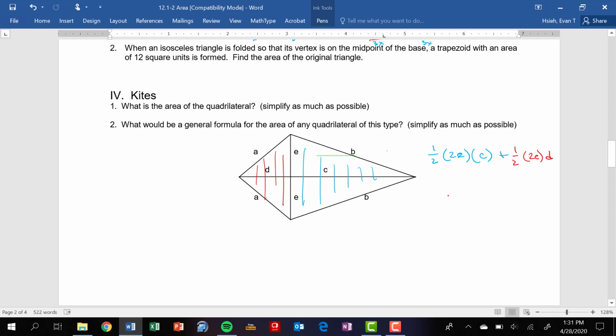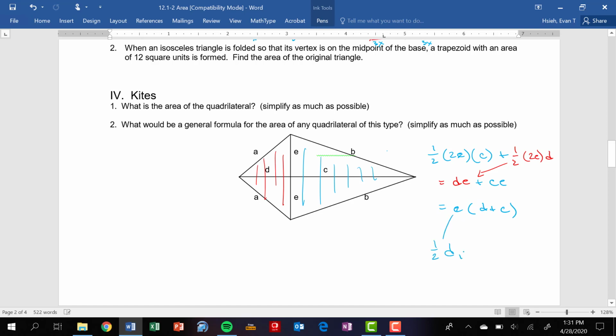And so I'm going to end up with dE, which comes from here, and add that to cE. Factor out an E times d plus c. And so E is just going to be half of one of the diagonals.